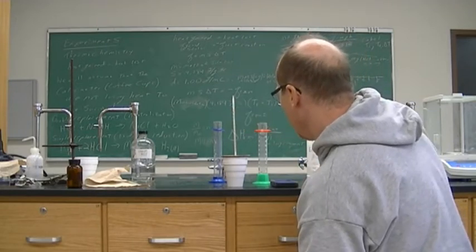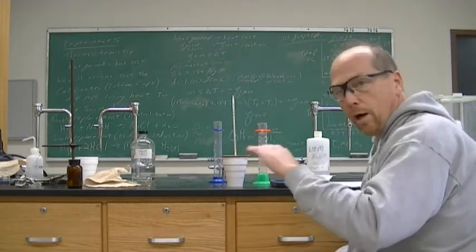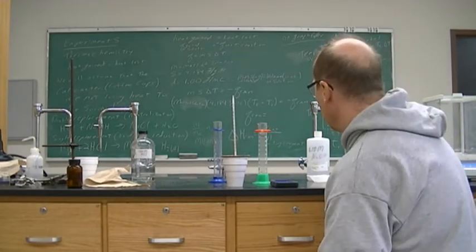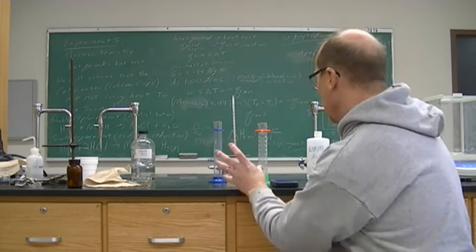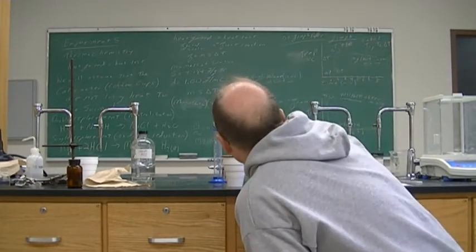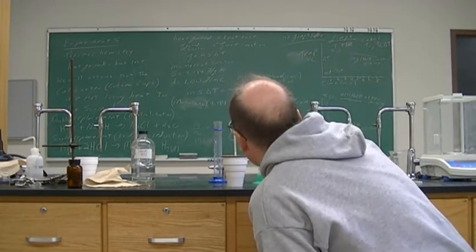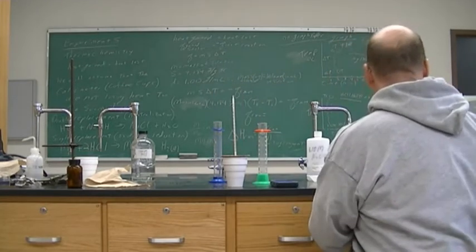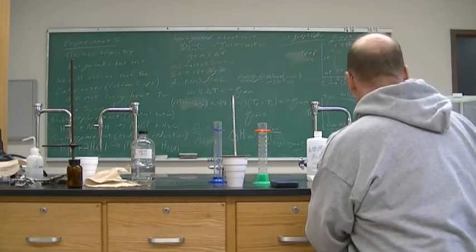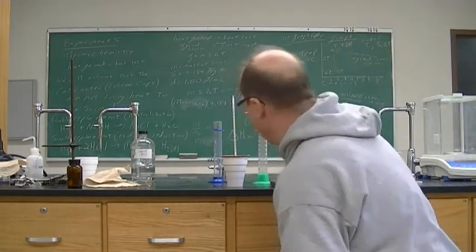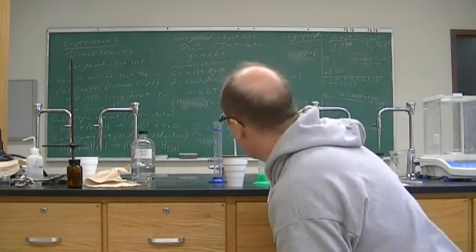So we're going to wait for this to level off at a temperature, and then if the calorimeter is working correct, it'll stay there. All right, 2 minute mark. We are at 29.2 degrees Celsius.